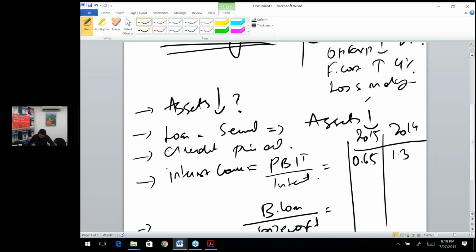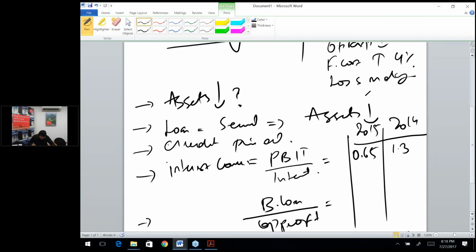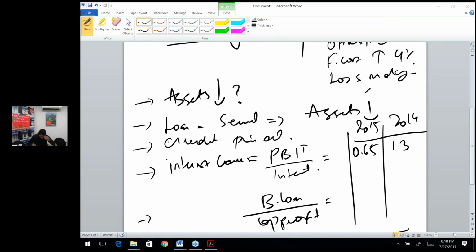Okay, if we look at it, I think there is something wrong with the way you are calculating it, because the way it should be calculated has to be like this.